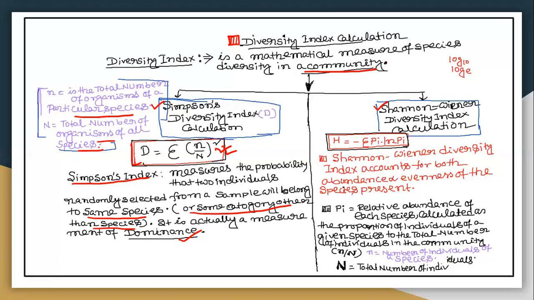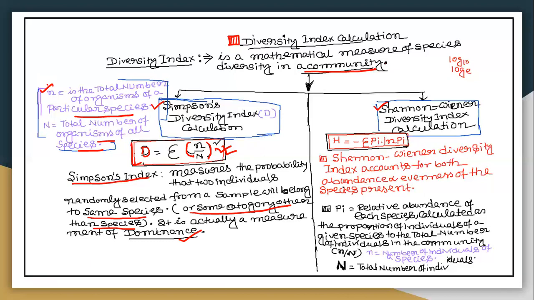So the formula is summation of (small n by capital N) the square, where D is the diversity index. Small n is the total number of organisms of a particular species, and capital N is the total number of organisms of all species, right?